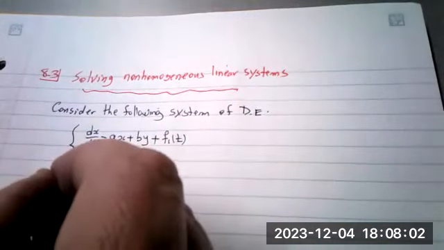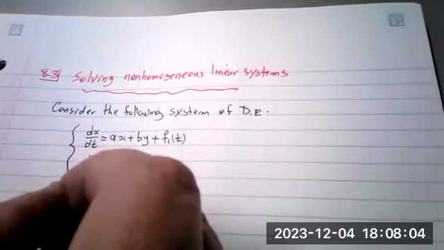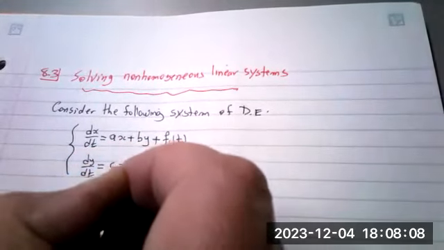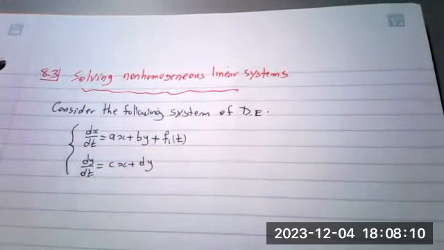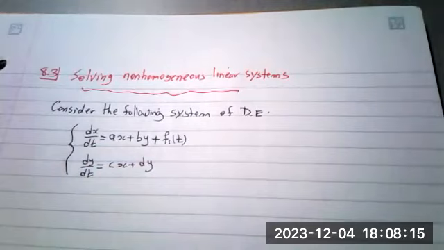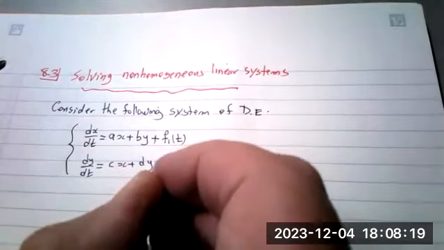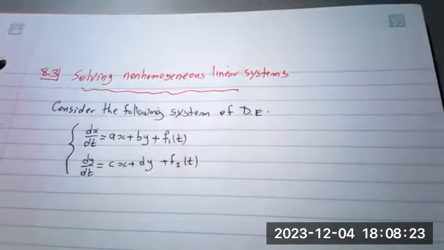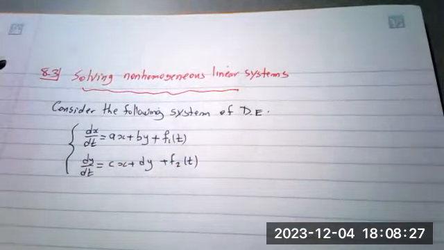And the second part, dy/dt, would be cx plus dy. The coefficients will be constant. You can do it otherwise too, but we stay with this concept. And this is going to be f2 of t.